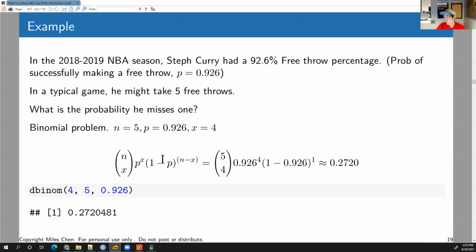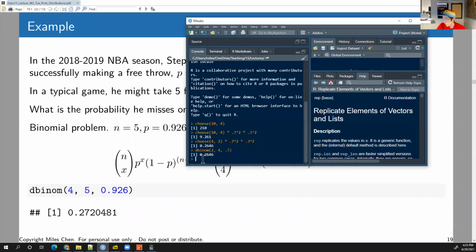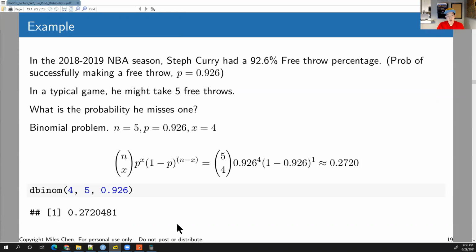So I could do dbinom with 4 out of 5 and the probability of making it being 0.926. If you wanted to say what's the probability of missing 1, then we say 1 out of 5, and the probability of missing any one basket is 0.074. And this is also giving me the same answer, 0.2720481. Okay. Do we feel good about that?